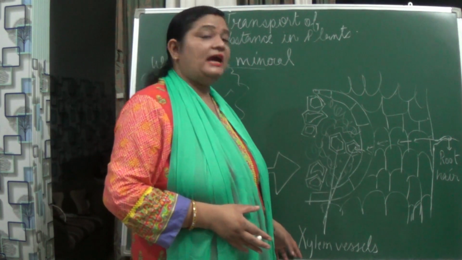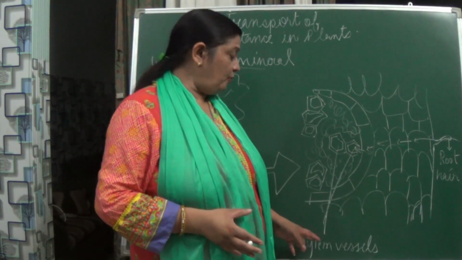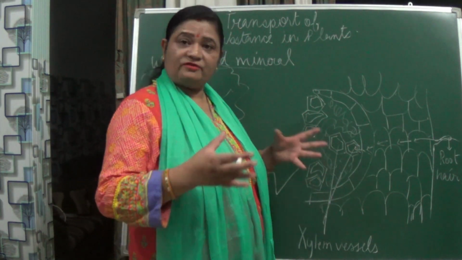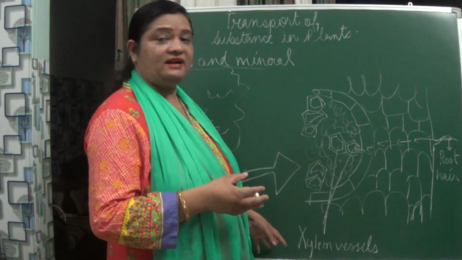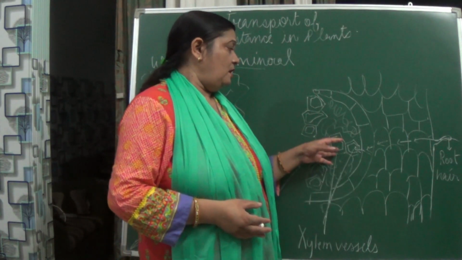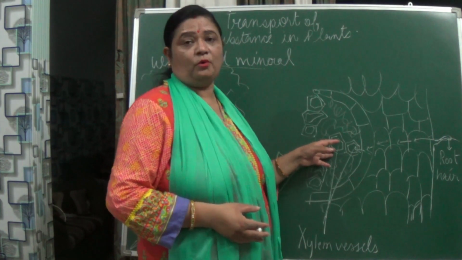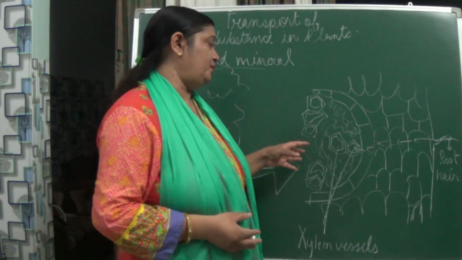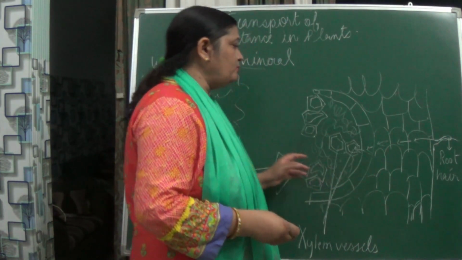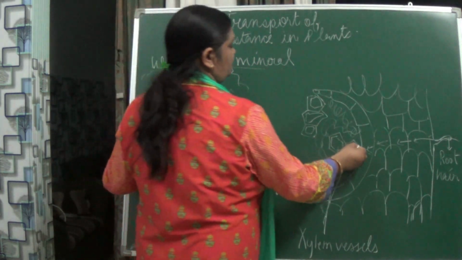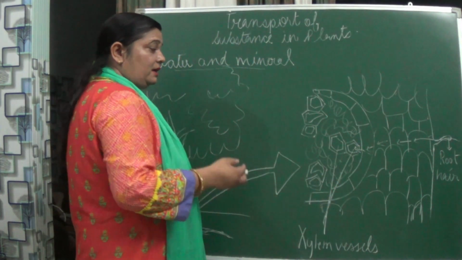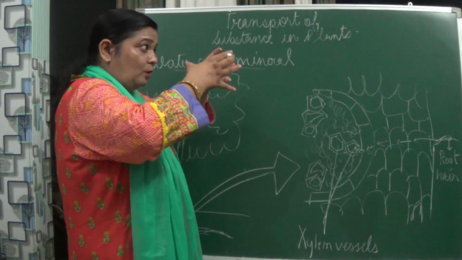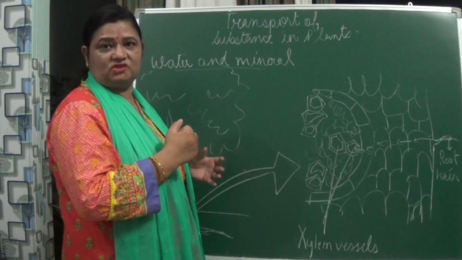So here xylem is a tissue performing what? A number of cells are there to form these xylem vessels, and they help in what? The conduction of water. How does it help? Actually the water from the root hairs reaches the xylem, and these xylems are hollow, pipe-like structures.